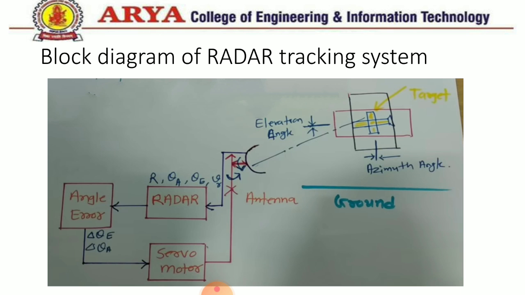Direction will change if the object is in motion, so we need to calibrate the azimuth angle and elevation angle, and that can be resolved by changing the orientation of the antenna connected to the radar.